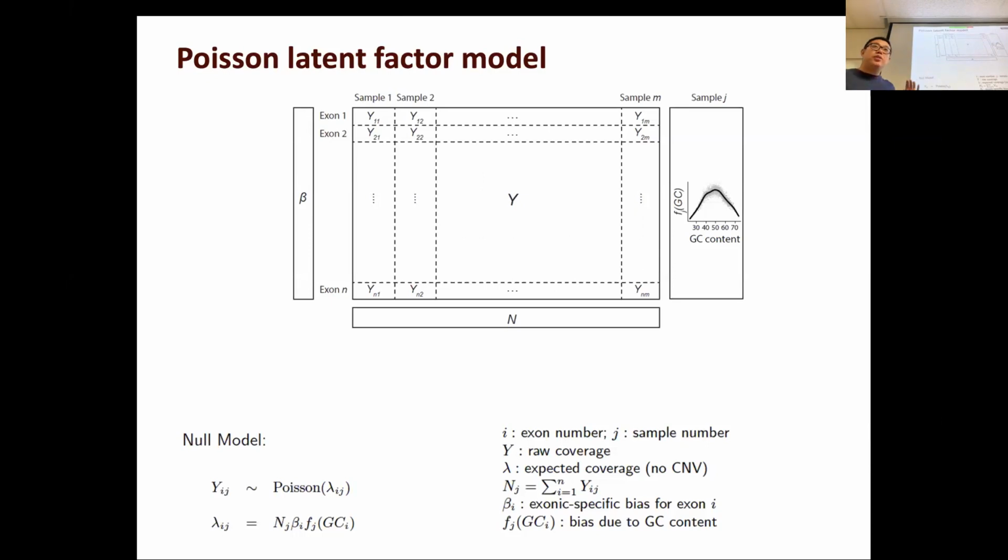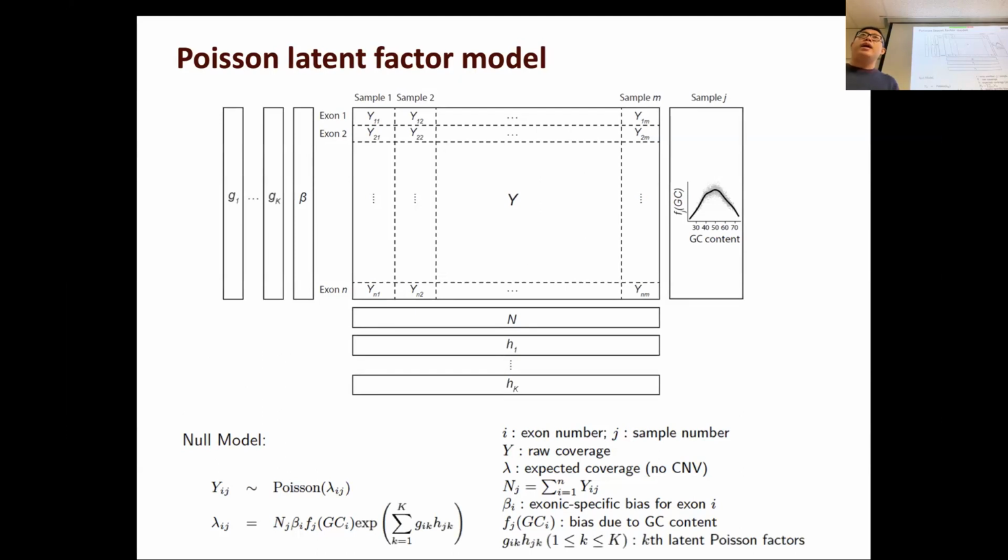We applied this, but we still see some residual artifacts that obviously have nothing to do with copy numbers. So it turns out you do have to incorporate these, quote unquote, latent factors. These are the ones you cannot directly model or capture. We have K latent factors corresponding to the exons, and K latent factors corresponding to the samples.